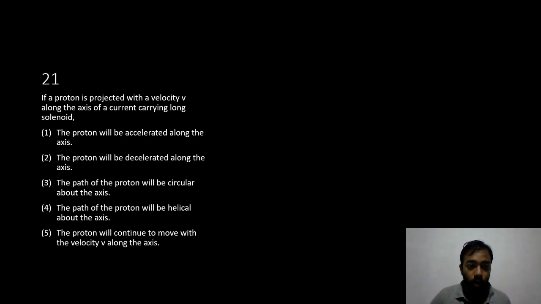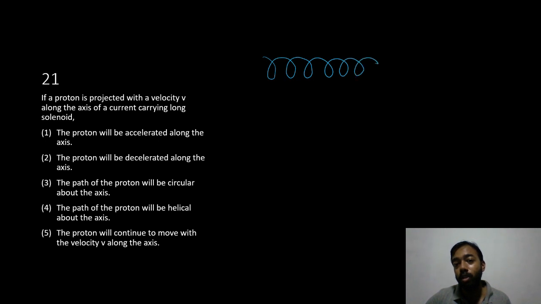So here a solenoid is like this, a coiled wire, and if a proton or any charged object is projected with a specific velocity, the velocity is along the axis of the current carrying solenoid. It's like this, the velocity is along the axis of this solenoid.